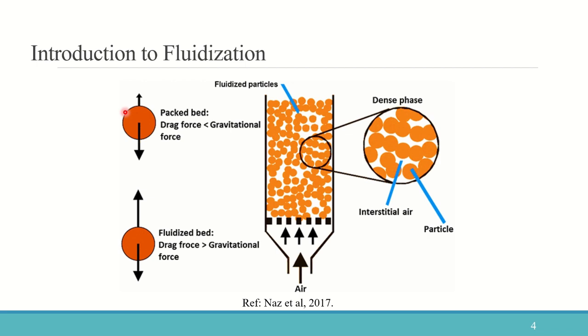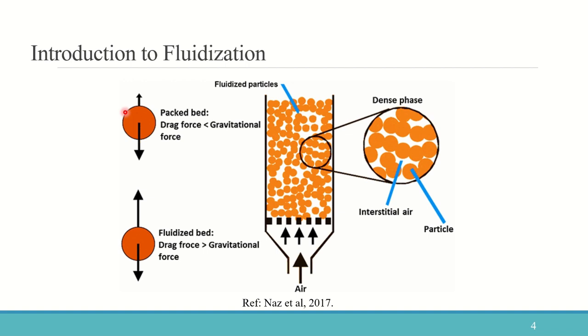Thus, when we increase the velocity, at a certain point the weight of the particles inside the bed is balanced by the pressure drop of the fluid. At that condition we call it the minimum fluidization condition.